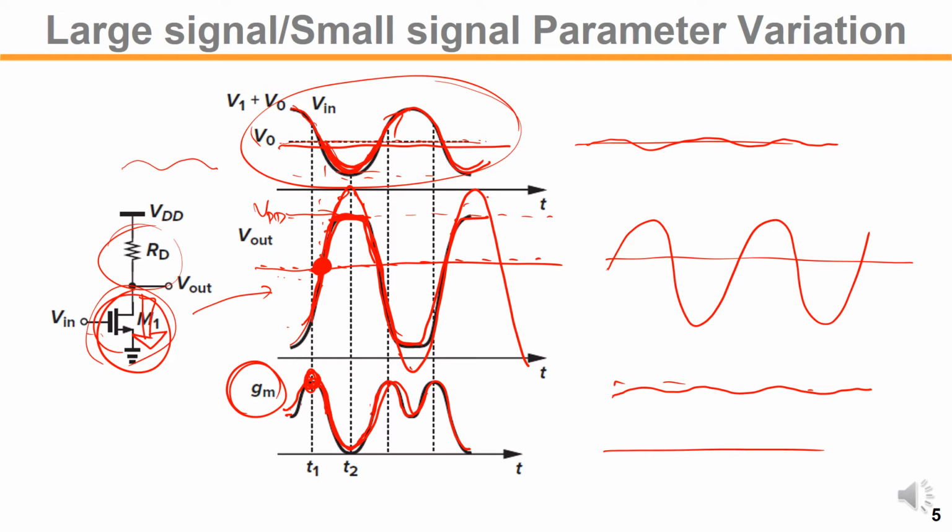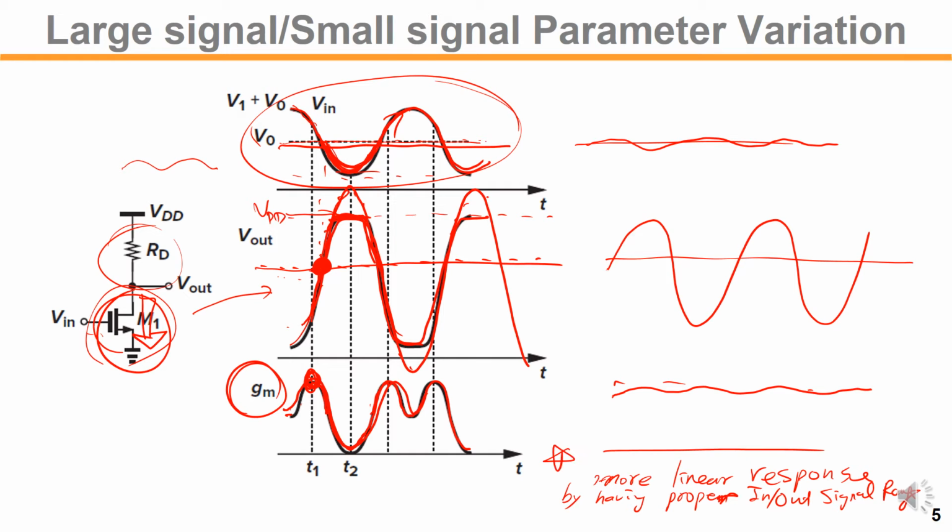In that way, you can get a more linear response by having a proper input and output signal range.